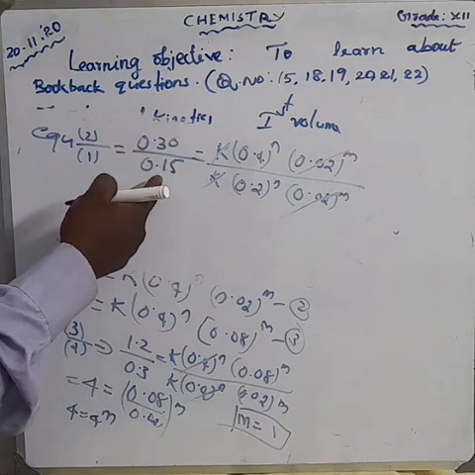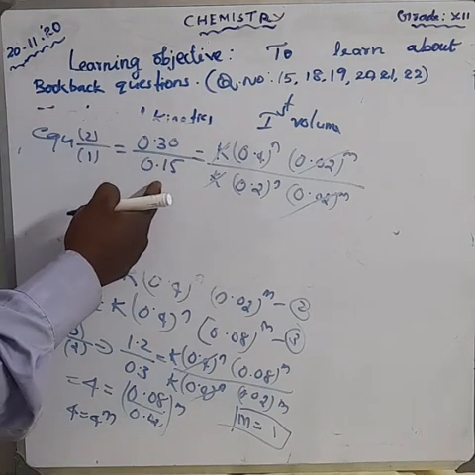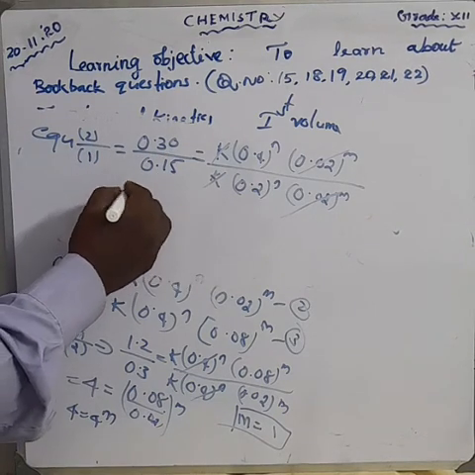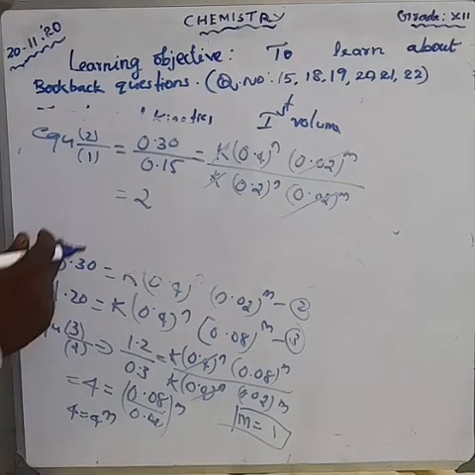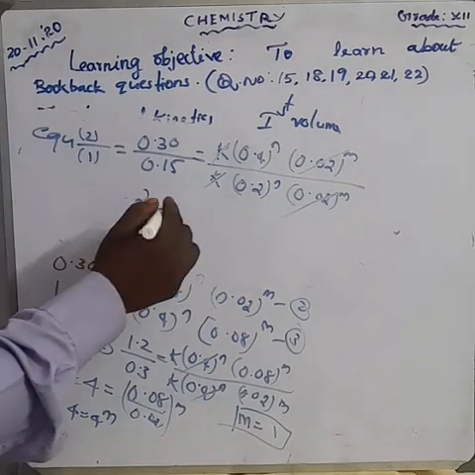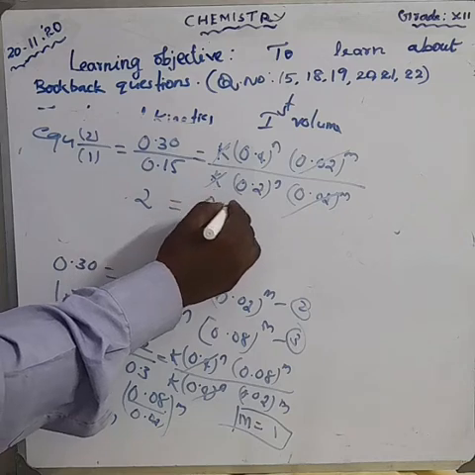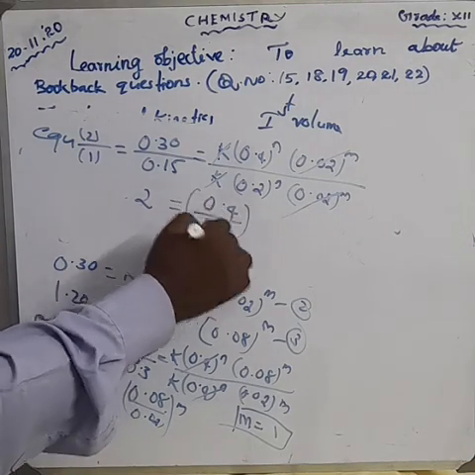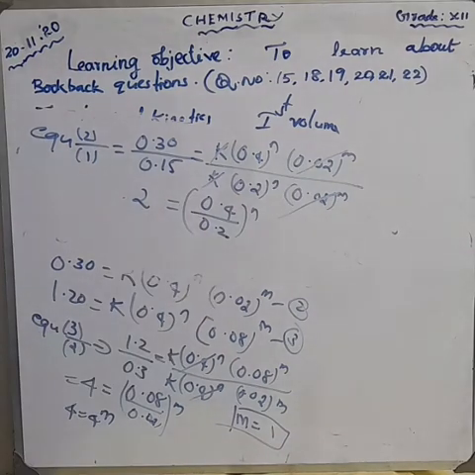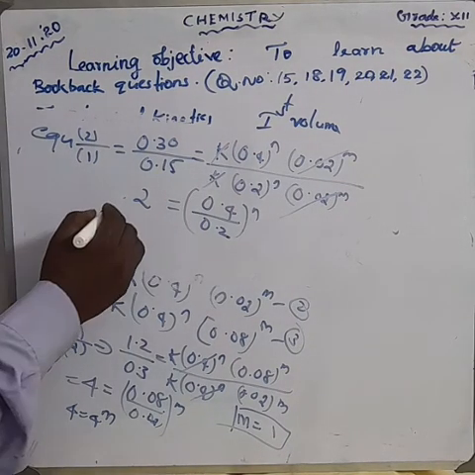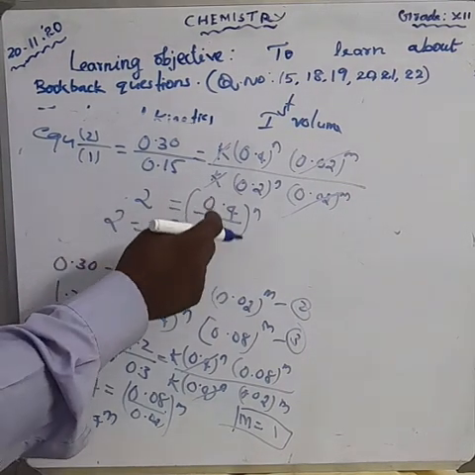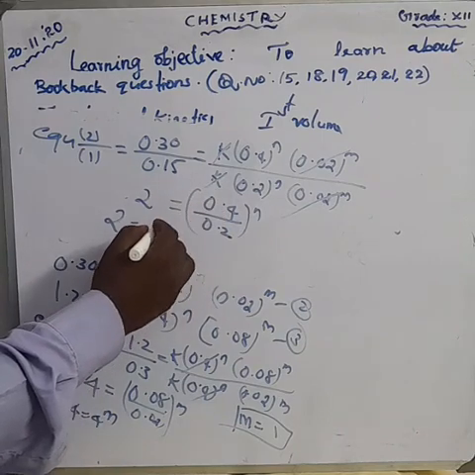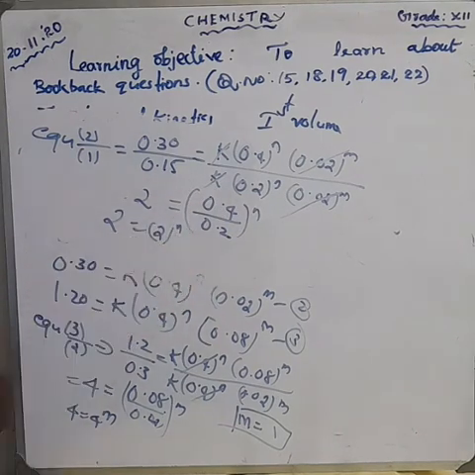We get 0.30 divided by 0.15, which is equal to 2. So 2 is equal to 0.4 divided by 0.2 to the power n. This can also be written as 2 to the power n.